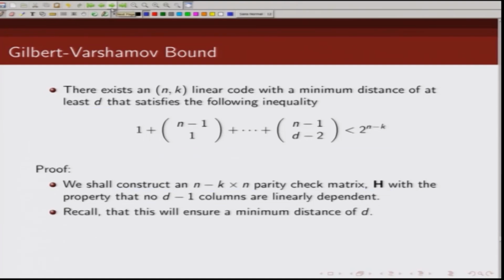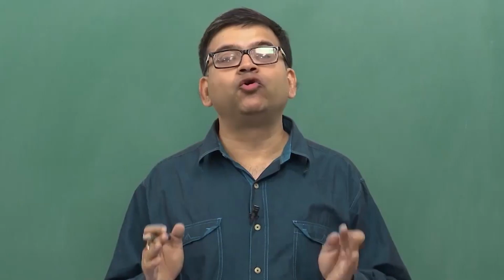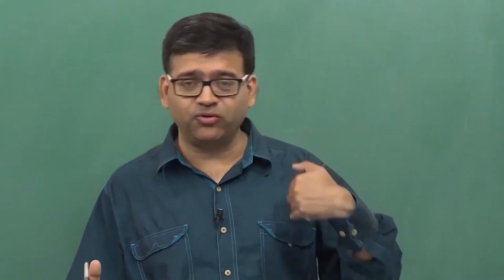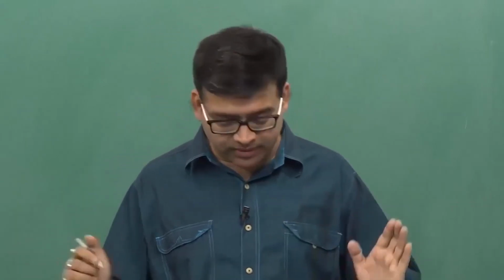So, how do we construct this parity check matrix H such that any combination of up to d minus 1 columns does not add up to 0? Let us start with the first column. The first column of this parity check matrix could be any non-zero (n-k)-tuple, with ones or zeros or whatever.